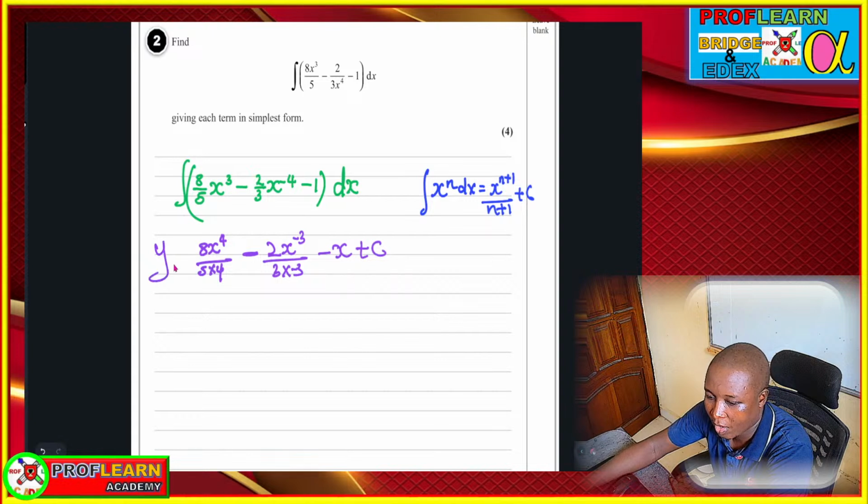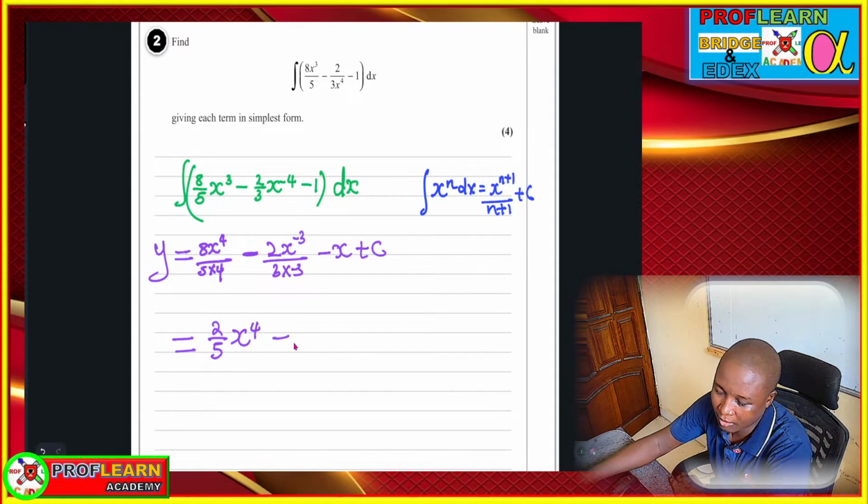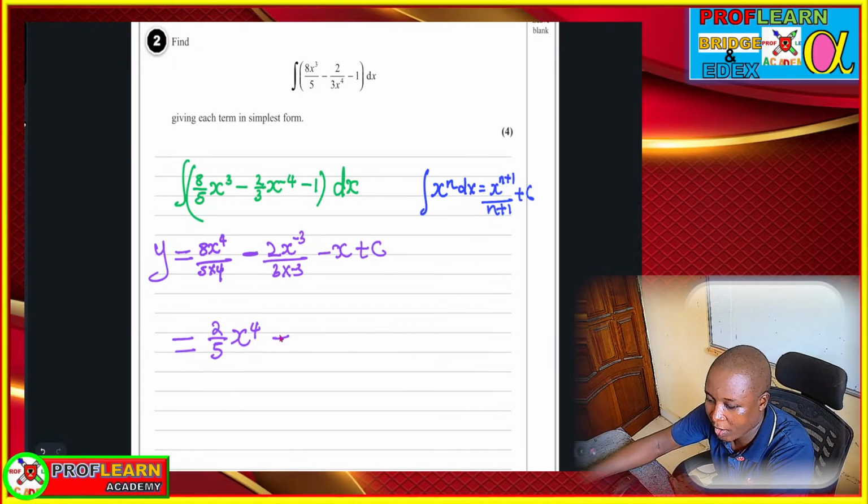So our equation becomes that, and if you simplify this, you're going to get 2 over 5 x to the power 4 minus, now this will be plus because of this minus here, it will be 2 over 9 x to the power minus 3 minus x then plus c.